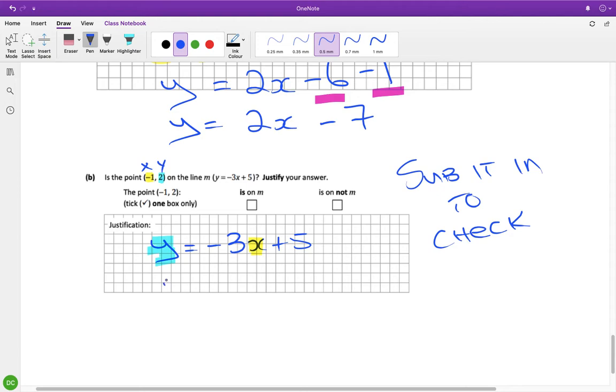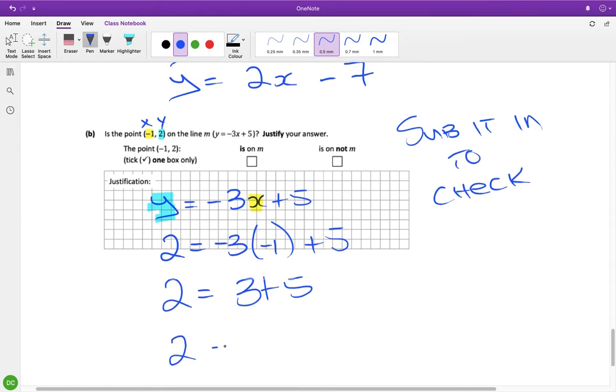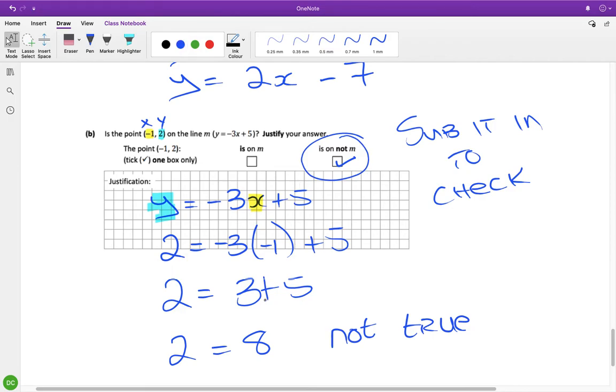So we have 2 equals minus 3 times minus 1 plus 5. So 2 equals, the two minuses make a plus 3 plus 5, and then 2 equals 8. So that is obviously not true. And if it's not true, that means it's not on the line.